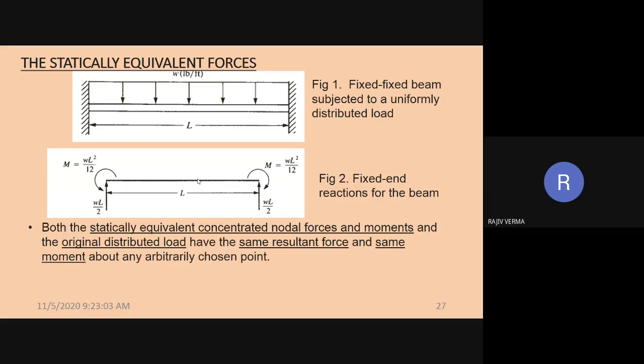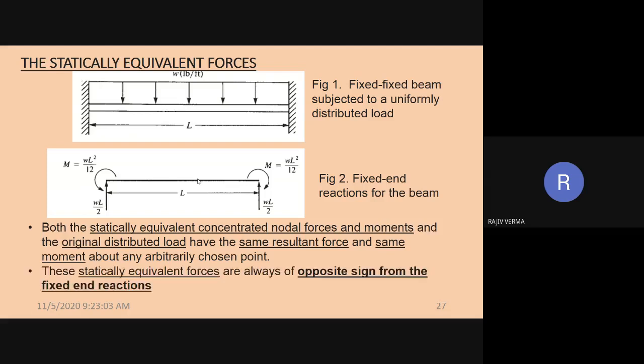Both the statically equivalent concentrated nodal forces and moments and the original distributed load have the same resultant force and same moment acting about any arbitrary chosen point. These statically equivalent forces are always of opposite sign from the fixed end reactions.